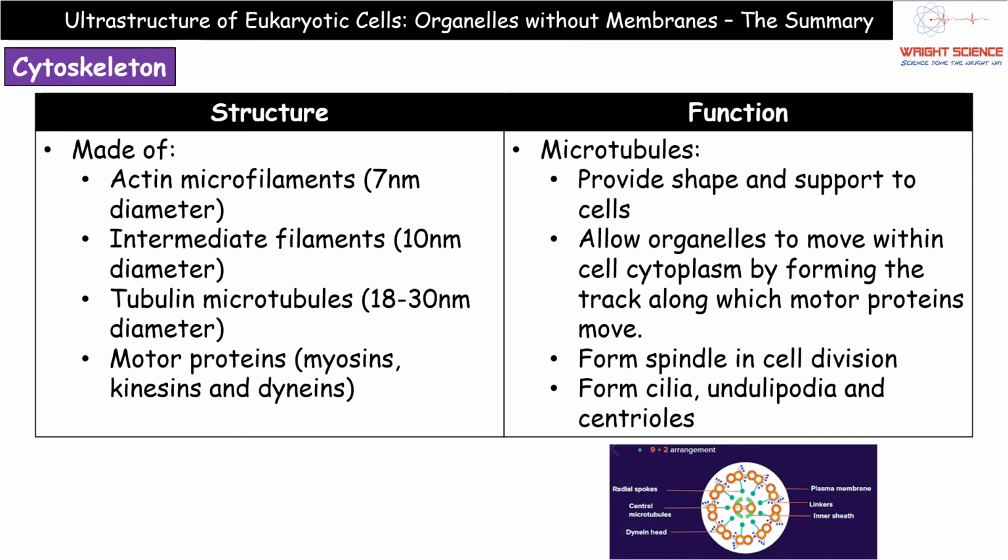So really, wherever you see this whole idea of tubulin, start thinking about motor proteins moving along it. So in this case, it's going to be the motor proteins moving organelles around the cell by following these tubulin microtubules. We already mentioned one of those other uses, forming the spindle during cell division, and the cilia and the undulipodia. So what we actually have are a range of different uses of our microtubules there.